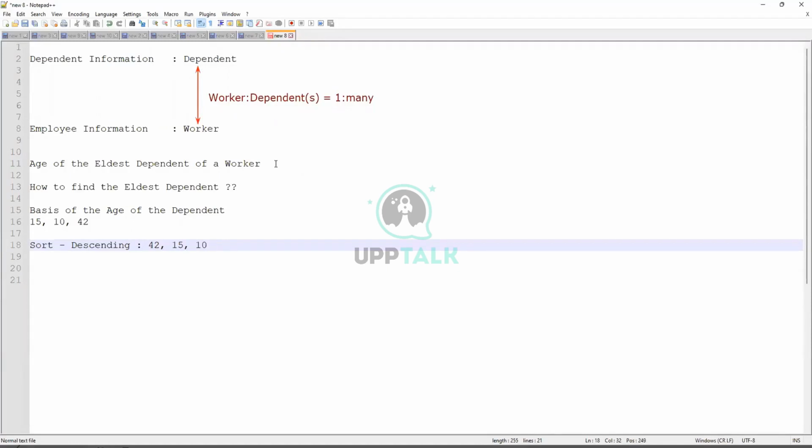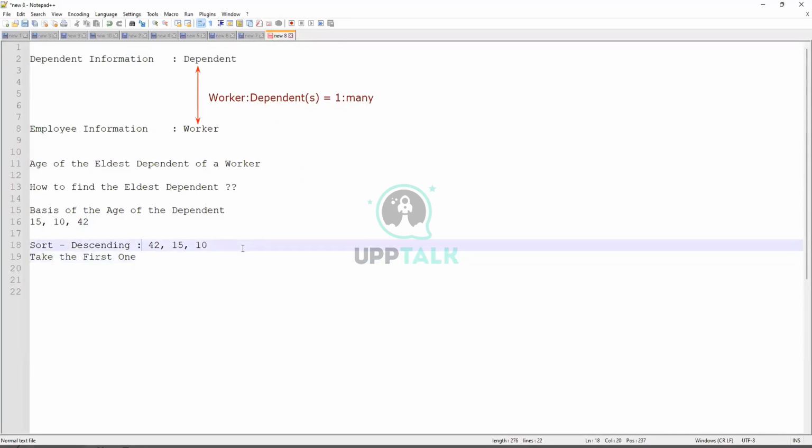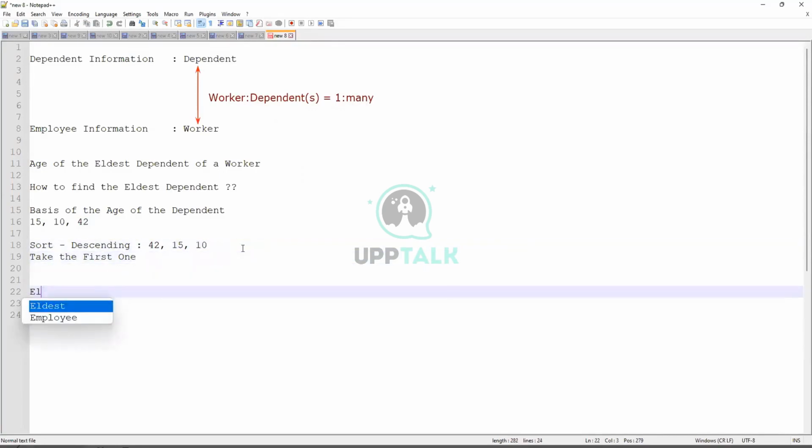This will be the sorting. And then what would you do? Take the first one. So sort descending, take the first one. That is equivalent to the eldest. Right. This is the eldest.